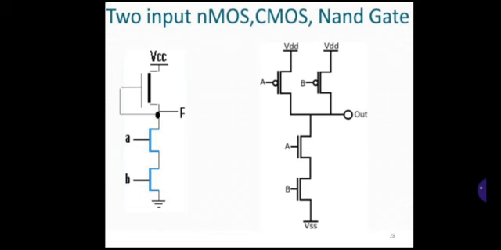For the dot operation, the N transistors must be connected in series. So for the NMOS logic NAND gate, N transistors A and B are connected in series. For the pull-up transistor, you need to have a depletion mode transistor.